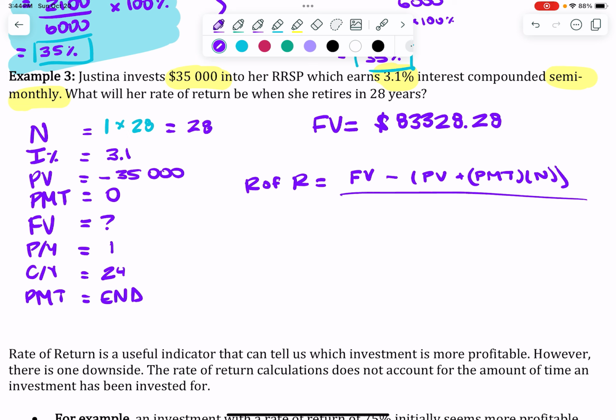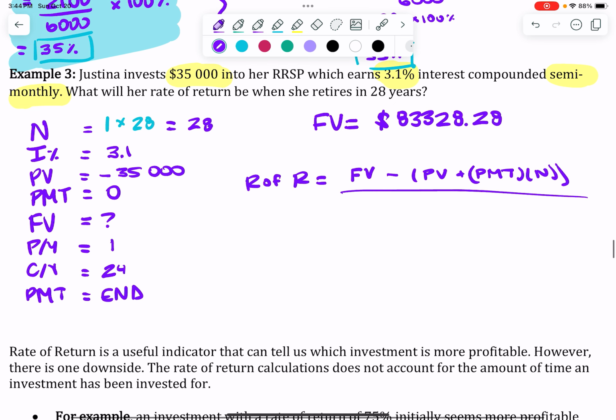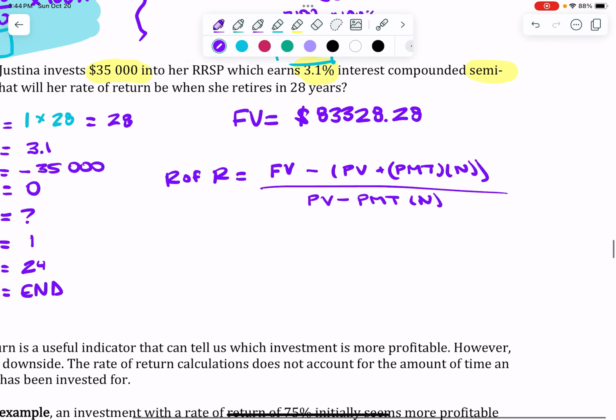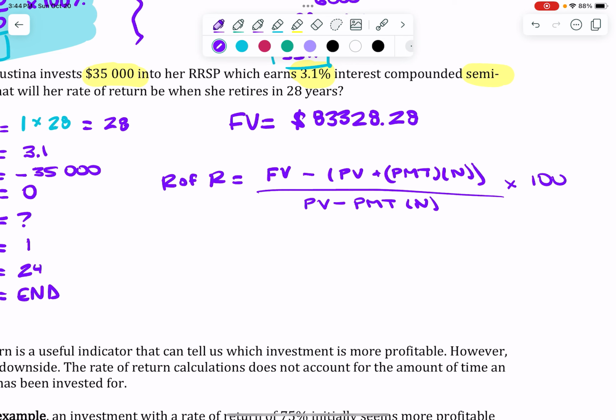And that's totally cool. Sometimes they won't have any PMTs, many payments, repeated deposits. That's totally fine. But I do need to make sure I'm always considering it. And my denominator is going to be the same as my previous value. And of course, I take that and times by 100.